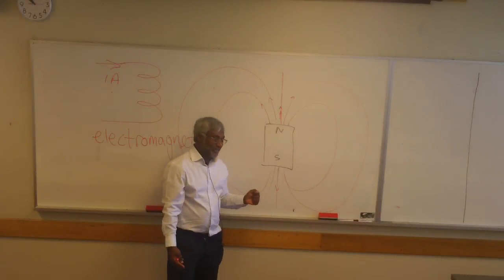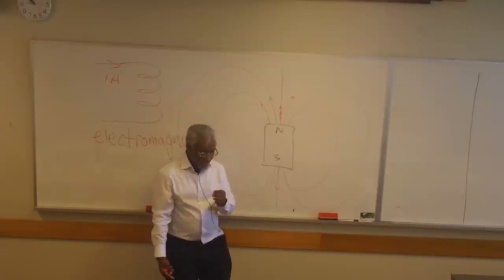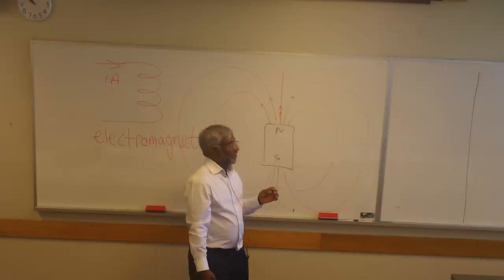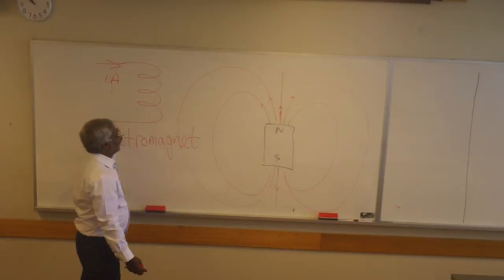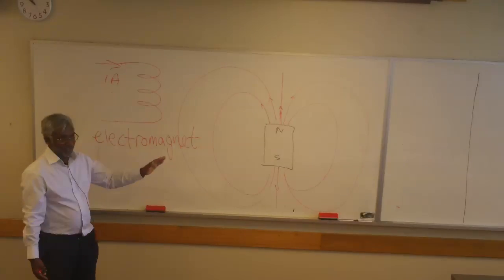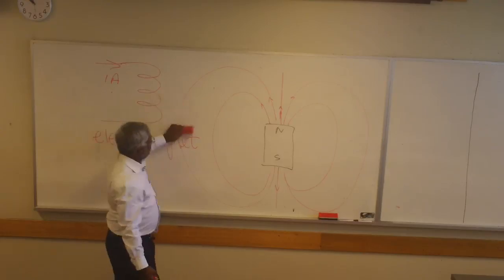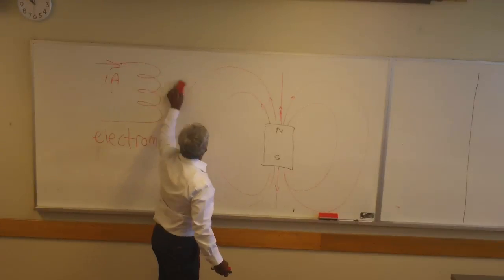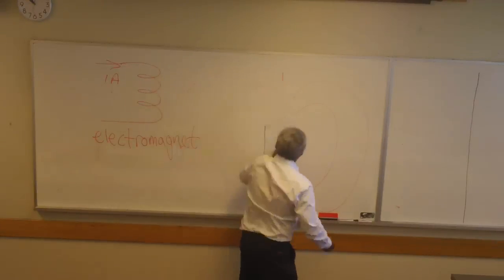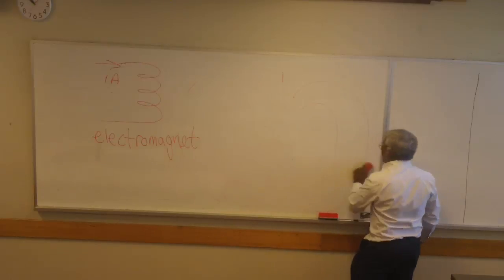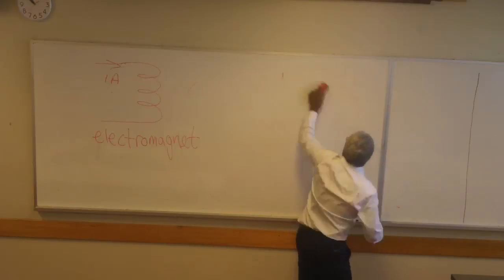In order for me to give you a good indication of what flux density is, I need to go to electromagnets rather than permanent magnets. With the electromagnets, you get exactly the same flux pattern.